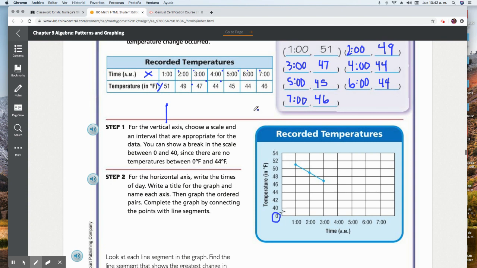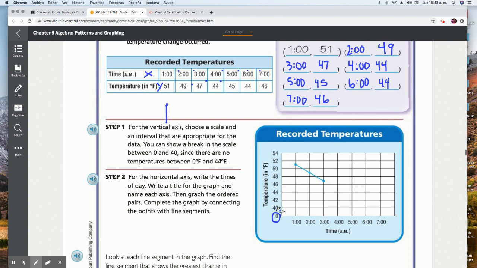Now look at how these numbers are changing: 44, 45, 46, 47, 49, 51. So you can use an interval of 2. That means the pattern you can use to come up with these numbers is to move up by 2.